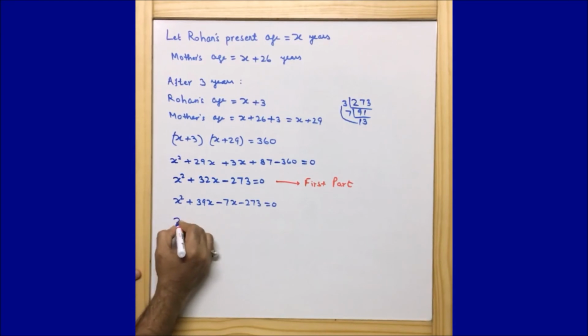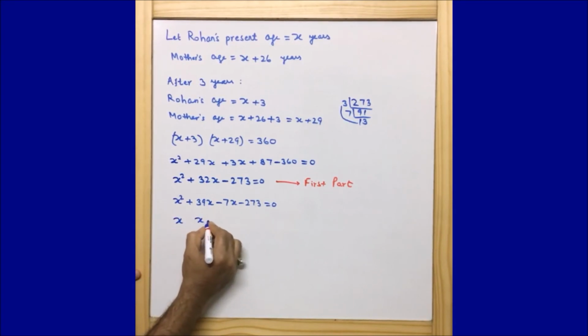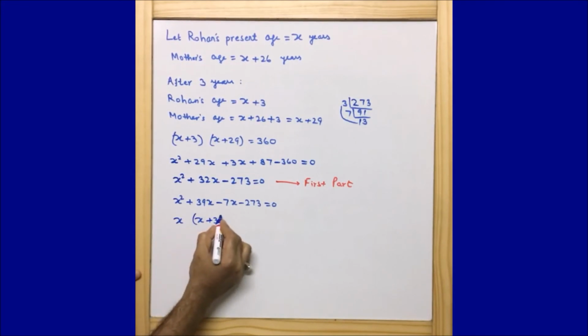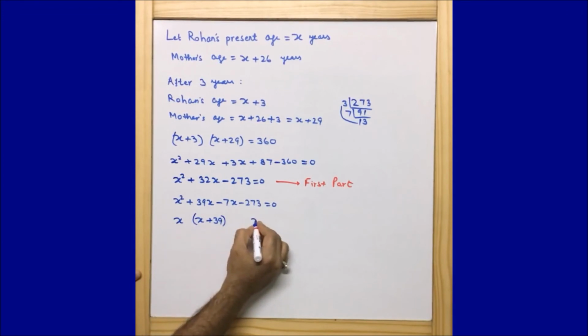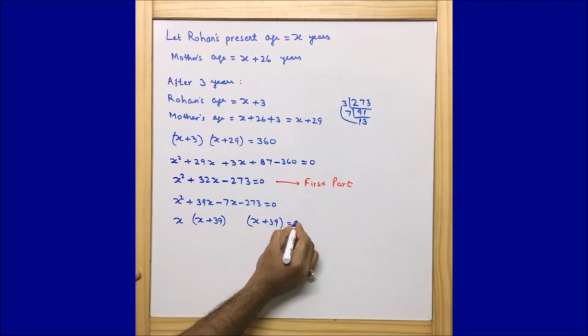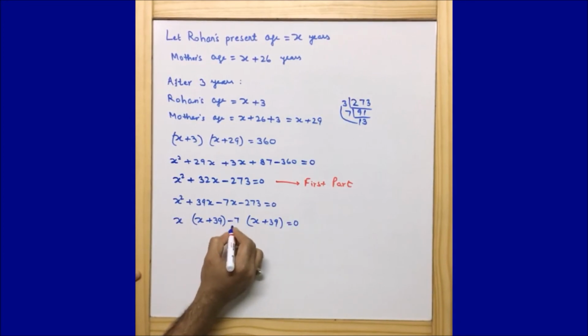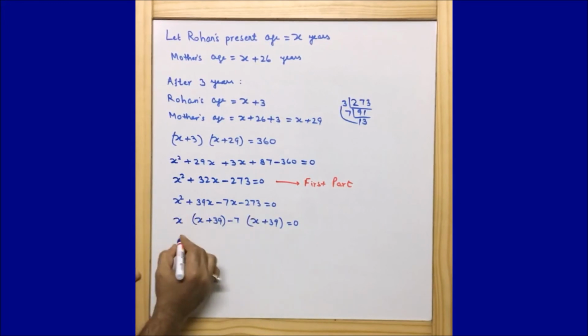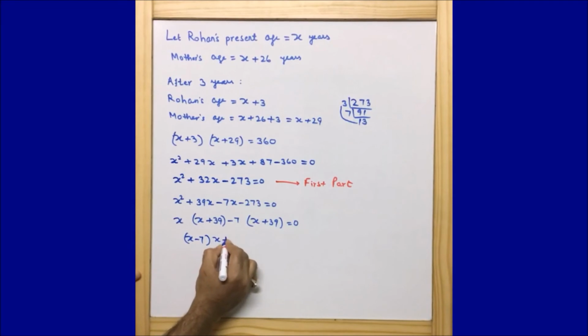So I can write, taking x as common, x into x plus 39, and the other part is minus 7 into x plus 39, because minus 7 into x is minus 7x, minus 7 into 39 is minus 273. So I can write x minus 7 into x plus 39.